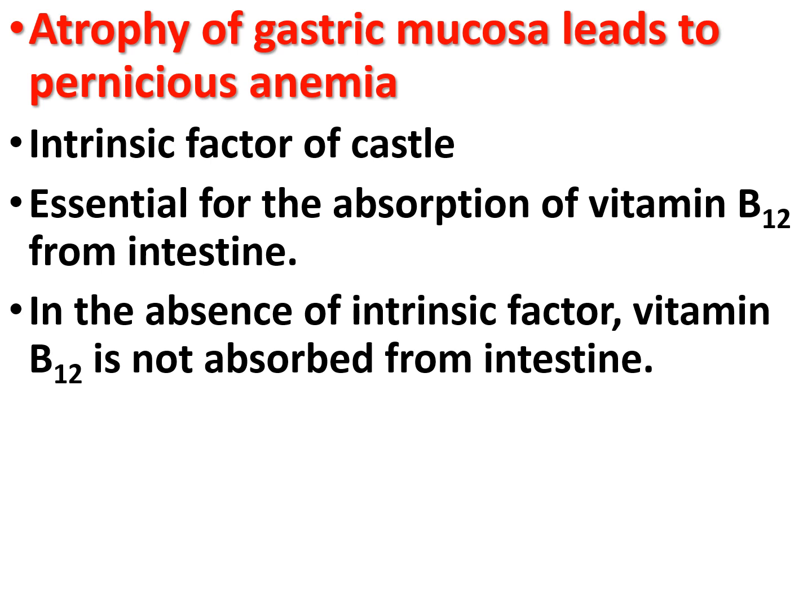Then, atrophy of the gastric mucosa leads to pernicious anemia. Intrinsic factor of Castle is produced in the gastric mucosa by parietal cells of the gastric glands, and it is essential for the absorption of vitamin B12 from the intestine. In the absence of intrinsic factor, vitamin B12 is not absorbed from the intestine, so that leads to pernicious anemia.